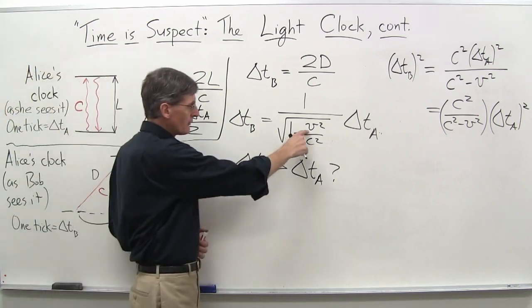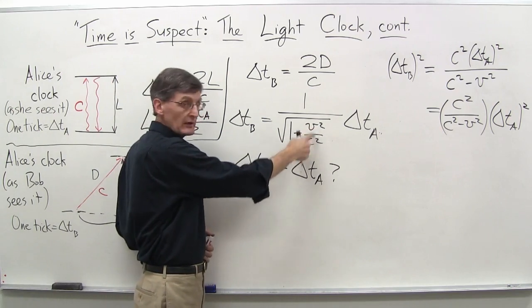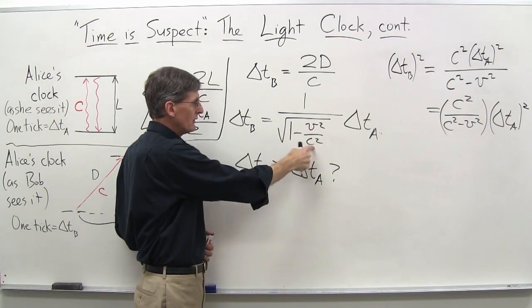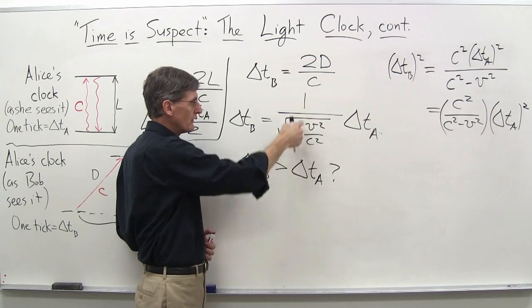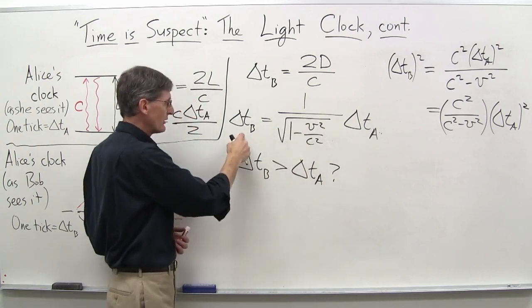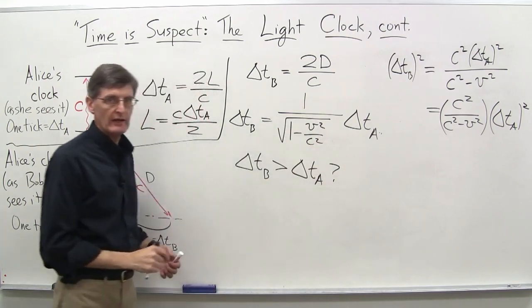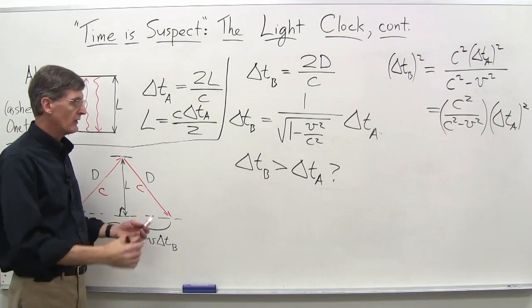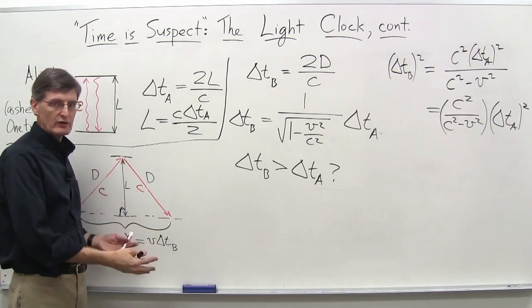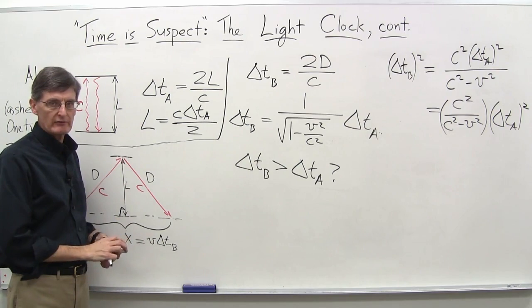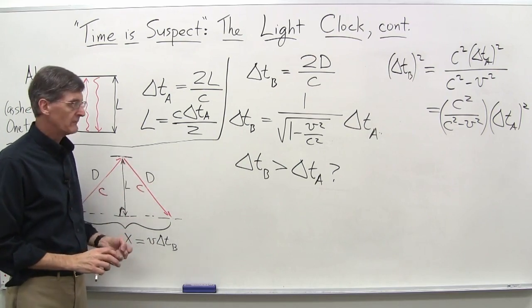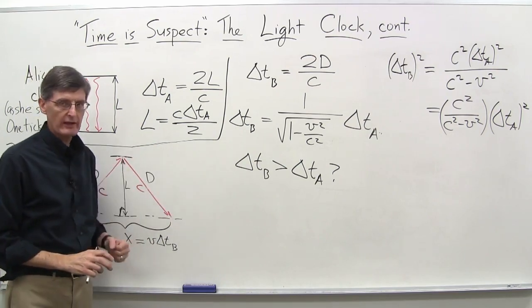If v is 0, this becomes 0, so I've got 1 minus 0. The square root of 1 is 1, and 1 divided by 1 is just 1. I get delta TB equals delta TA, as we would expect. In other words, if they're just sitting next to each other, there's no difference in their tick rates, assuming they are identical clocks. And the math is checking out for us there.